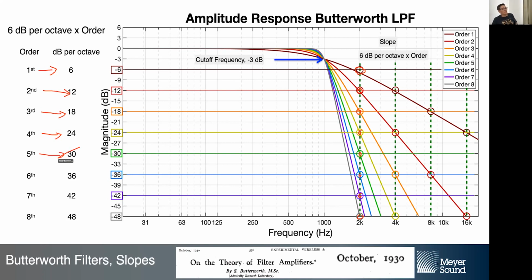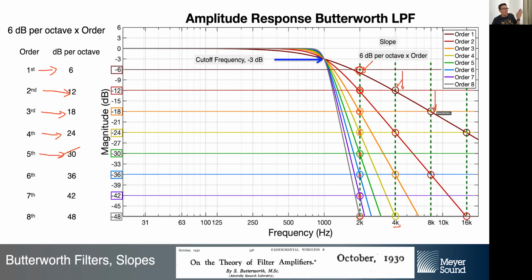If we saw the first order, we know that we're going to get 6 dBs of attenuation on the next octave, and we're going to continue that way. If we go to the next octave above 2K, that is going to be 4K, of course, we're going to have another 6 dBs of attenuation. If we go another octave above, we're going to get another 6 dBs of attenuation.